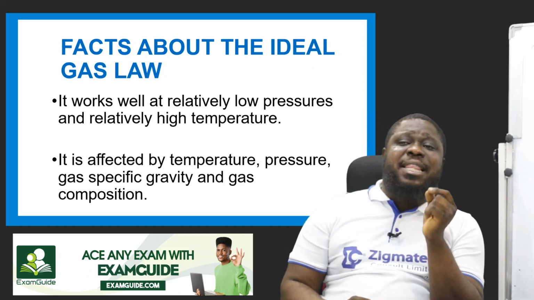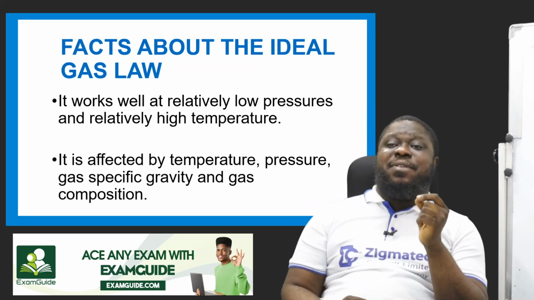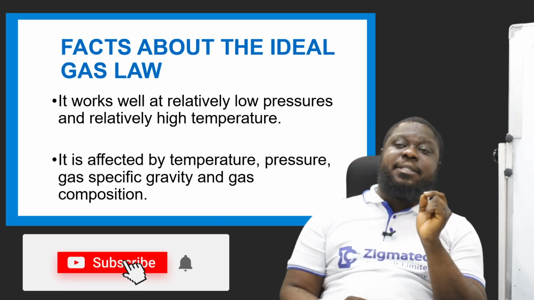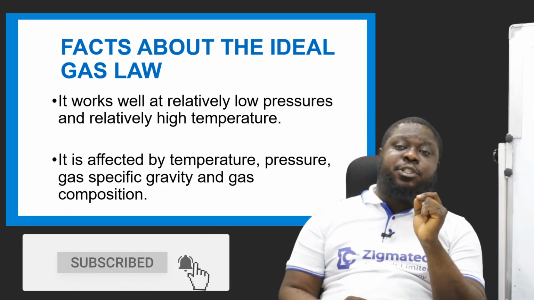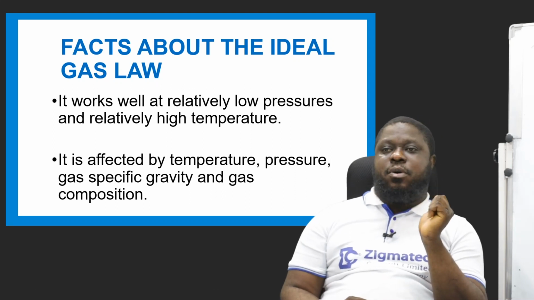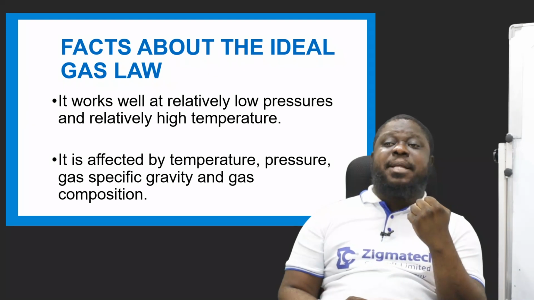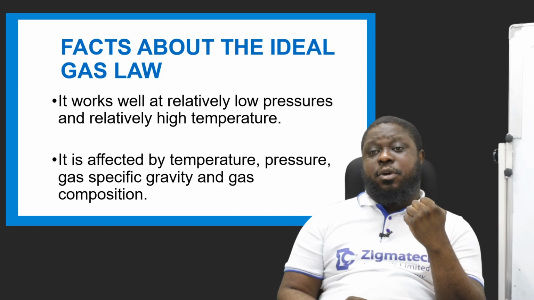It works well at relatively low pressures and relatively high temperatures. Every ideal gas works at low pressure and high temperature. The second one is, it is affected by temperature, pressure, gas specific gravity, and gas composition.